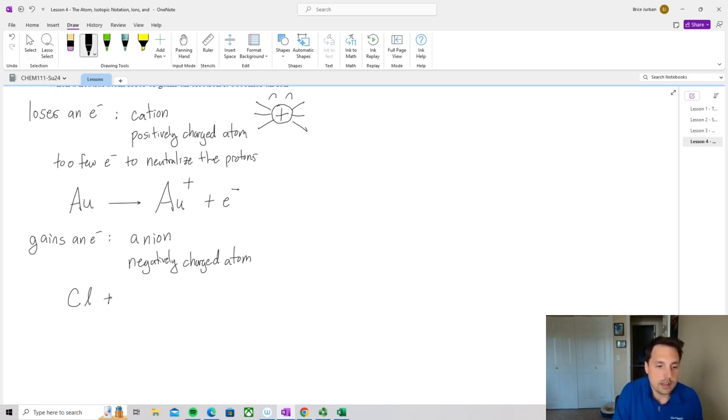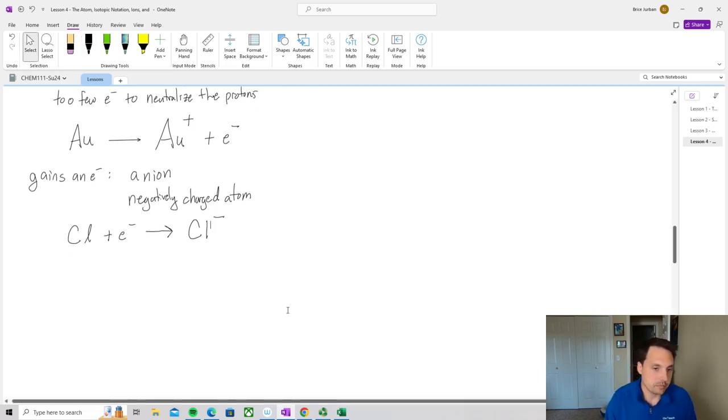Chlorine can gain an electron, can capture one, and become negatively charged. So now it has too many electrons, and the number of protons cannot neutralize it. All right, so anytime we gain an electron, it goes on the left side.